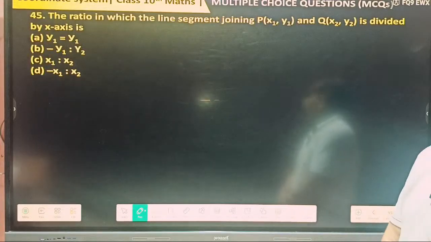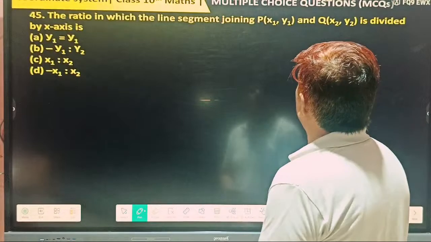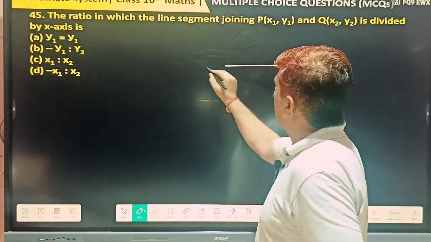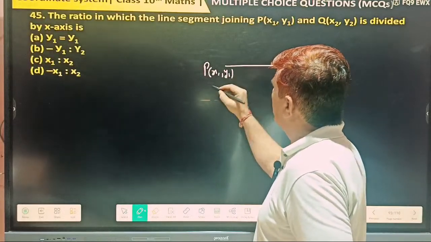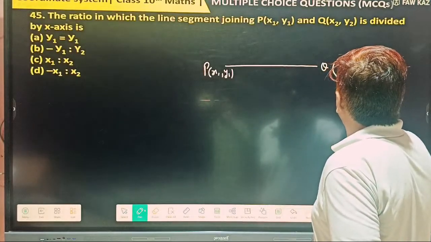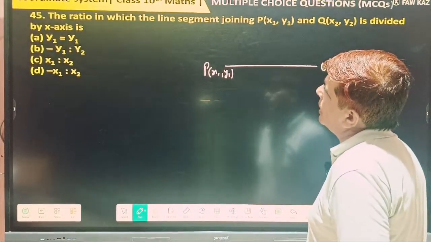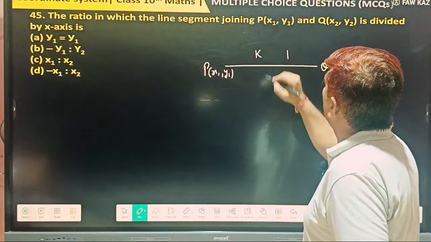Question number 45. The ratio in which the line segment joining this. This is the line segment P whose coordinates are x1, y1. Try to understand. Q whose coordinates are x2, y2. The ratio in which the line segment is divided, we are saying k to 1.